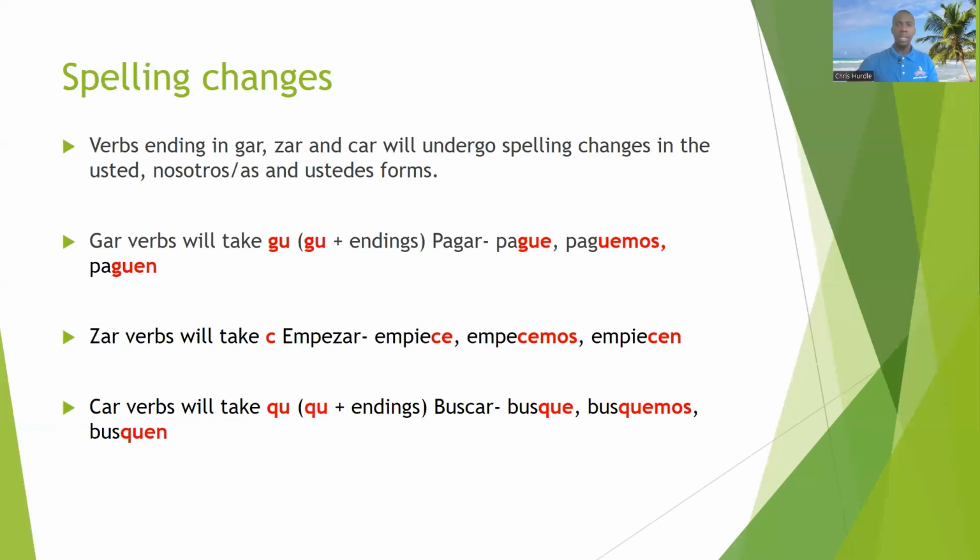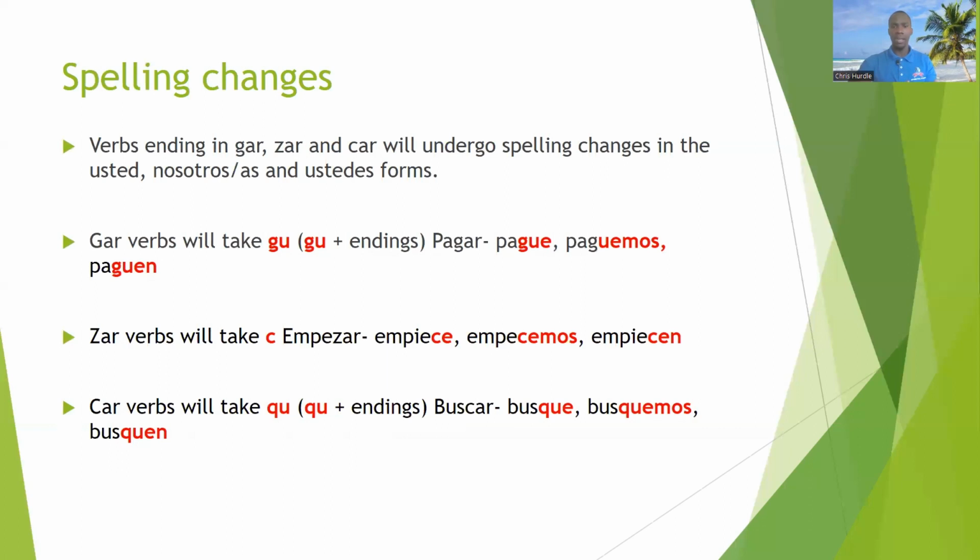Now let's look at some spelling changes. We would have looked at irregular verbs and what have you, but there are some verbs that undergo some spelling changes. And these spelling changes are going to be mainly in the usted, the nosotros, and the ustedes forms. So verbs that end in gar will take gu plus the endings.